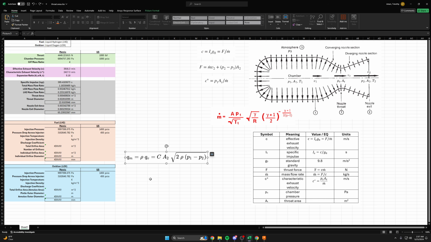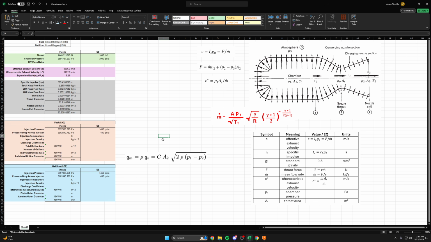We will be using this orifice equation, and it's worth noting that this orifice equation is only valid for single phase incompressible liquids. There are other equations for other things. If you had a gas phase propellant, you might want to use this choked flow orifice equation.